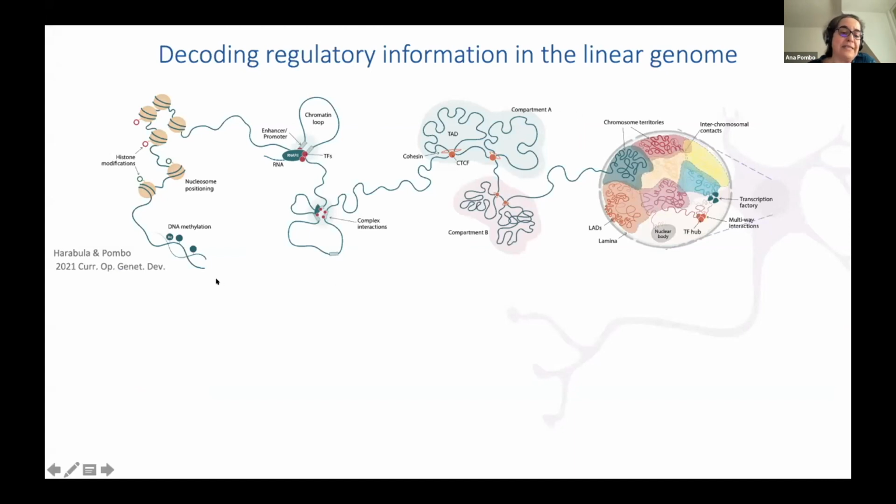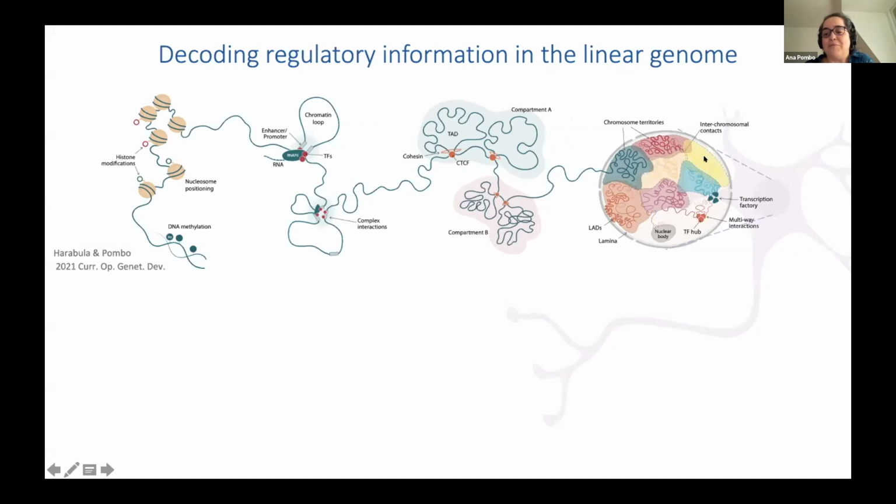And we know that gene regulation occurs from the level of single nucleotide point mutations all the way to the position of nucleosomes, the histone modifications, binding of transcription factors, but higher order organization aspects are also important, such as the contacts between enhancers and promoters, how all stretches of chromatin are folded together or separately in terms of active states, for example, in compartment A or in compartment B, all the way to how all chromosomes are organized in the nucleus.